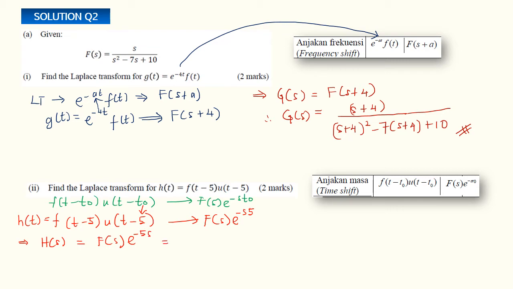With F(s) as given, s divided by s squared minus 7s plus 10, multiplied by e to the minus 5s. So this is your H(s), or the Laplace transform of h(t).